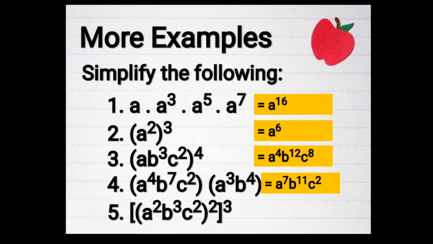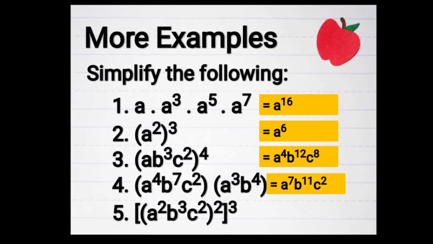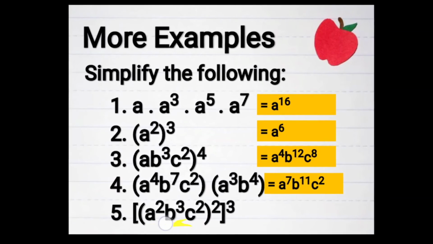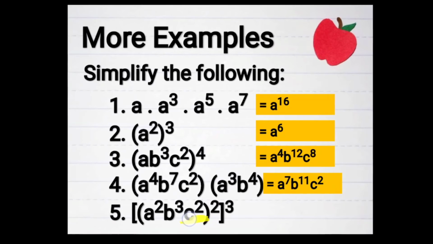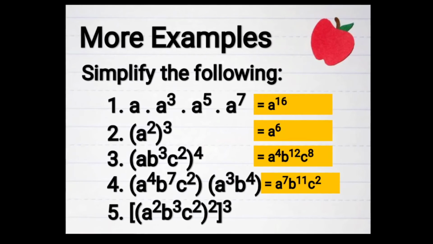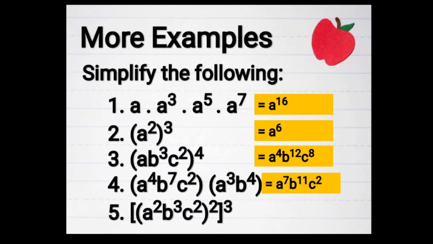Okay, so for the next example, let's have the quantity of a squared times b cubed times c squared, then cubed. Okay, so in this case, we can apply the third law, which is the power of a product.